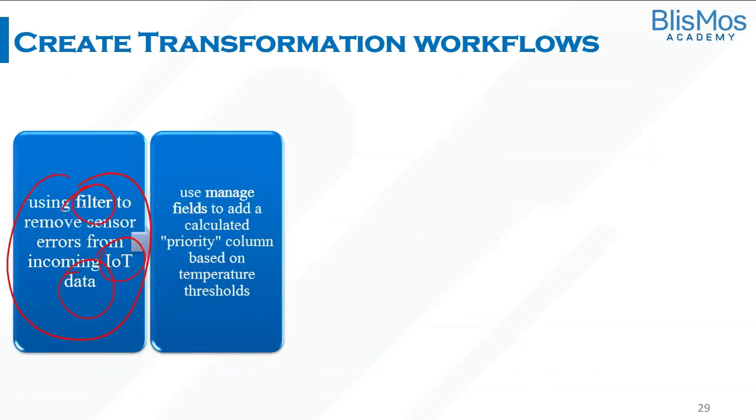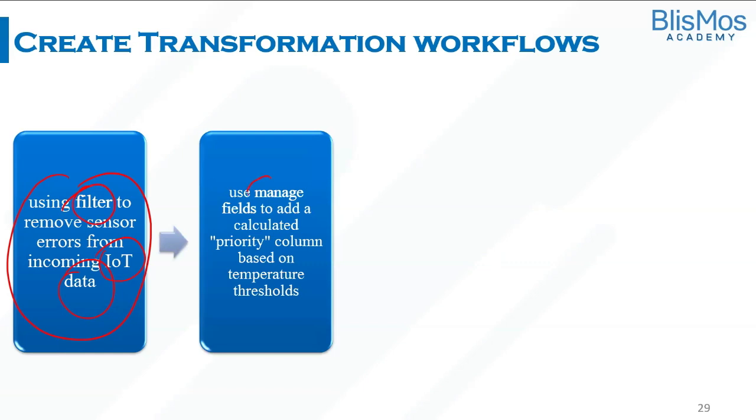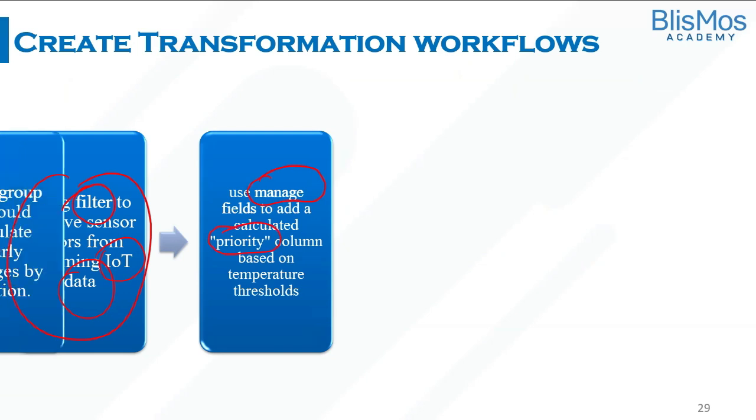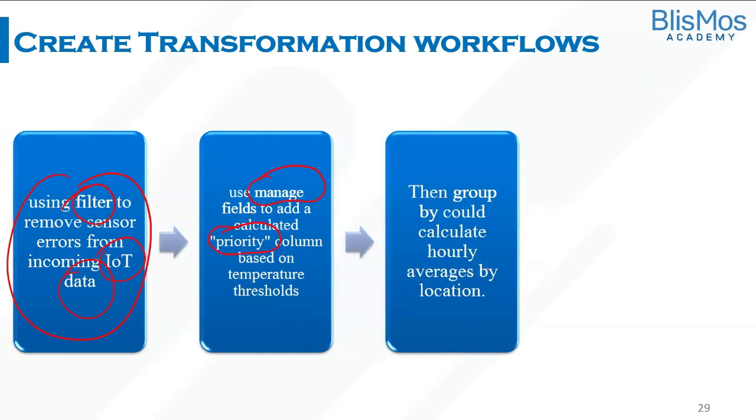Then we can use manage fields to add one more column called priority. Then we can use group by to calculate the hourly averages by location, assuming the data is coming from different places.